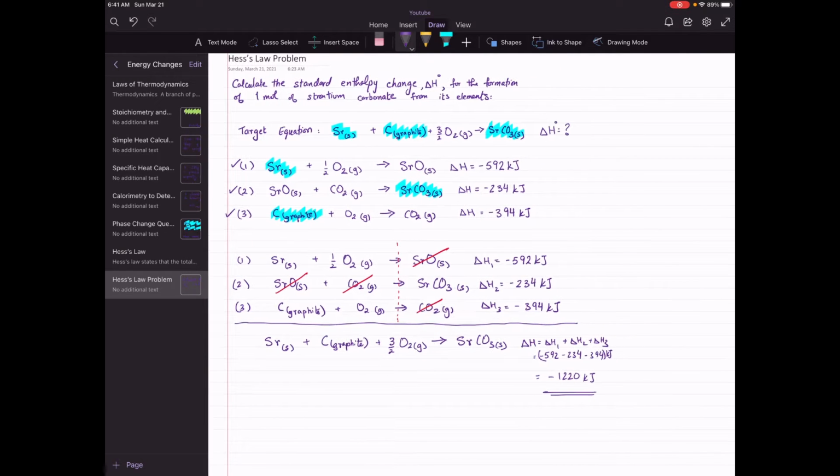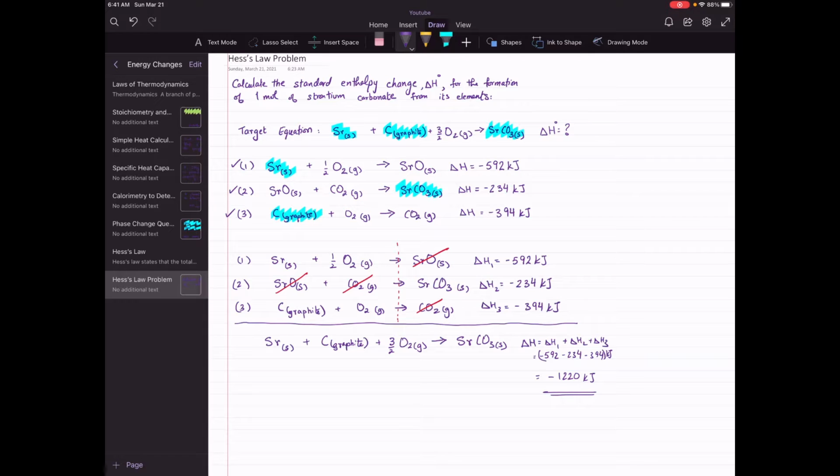Right? So what have we learned? We don't have to try to balance all the substances on the left-hand side and the right-hand side with the target equation. What you need to do is pick unique things. In the first equation, we picked strontium because that was unique. Of all three reactions given to us, only the first reaction had strontium, and we had strontium in the target equation as well. So we used that to manipulate equation number one.